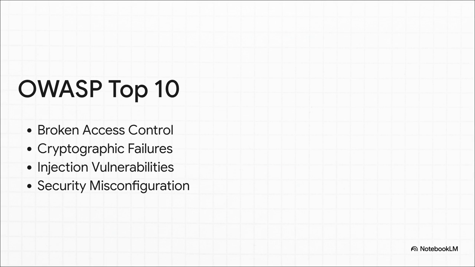And here it is, the OWASP Top 10. You can think of this as the hacker's official checklist of the most dangerous, most critical risks out there. Pen testers use this as their guide to hunt for things like broken access control or injection vulnerabilities. These are the vulnerabilities that consistently pose the biggest threats to you and your data.